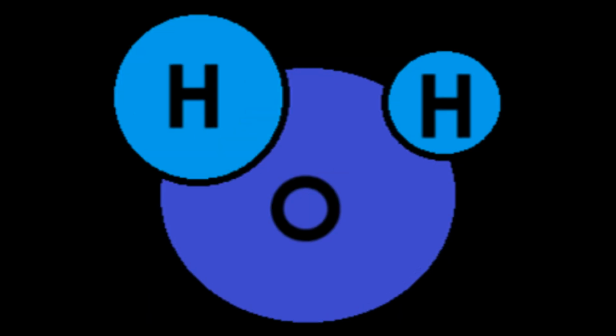Over here, we have a water molecule with 1 hydrogen isotope that has a mass of 1 AMU, 1 hydrogen isotope that has a mass of 2 AMU, and an oxygen that has a mass of 16 AMU. Our total mass for this water is 19 AMU.